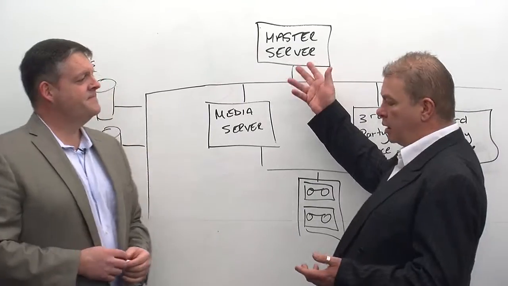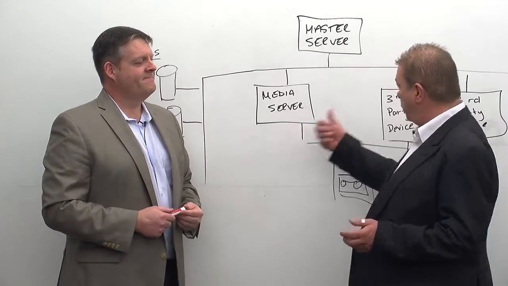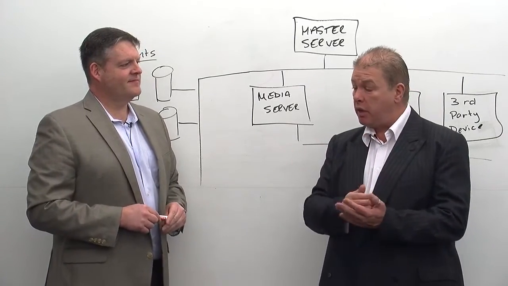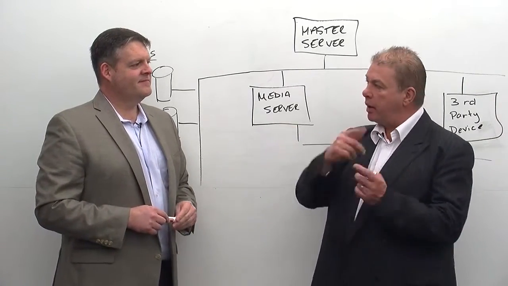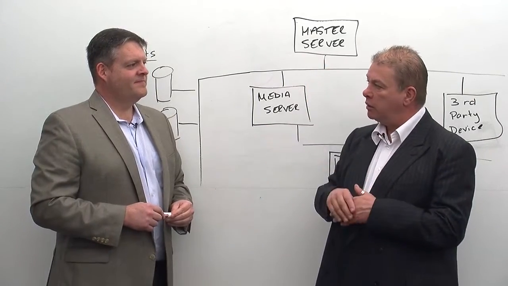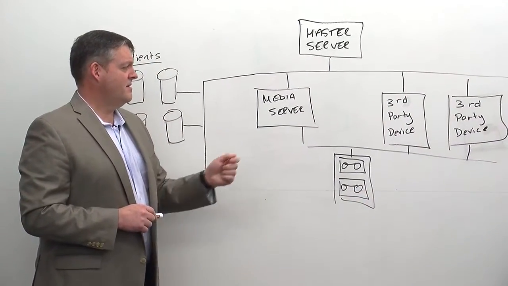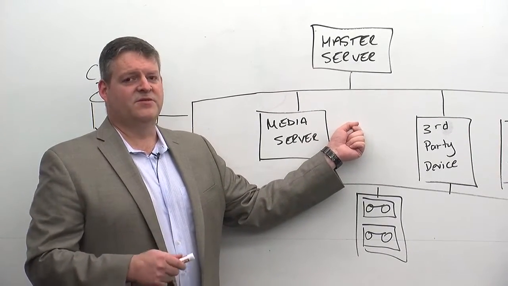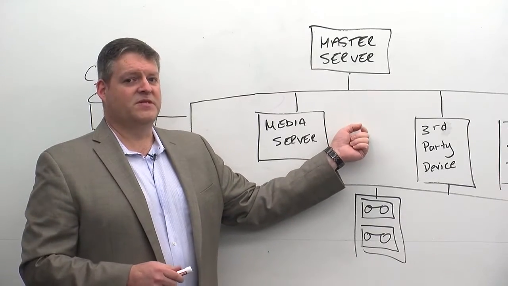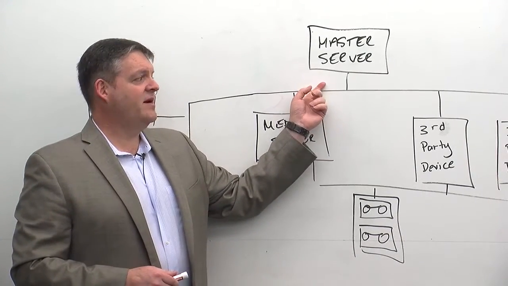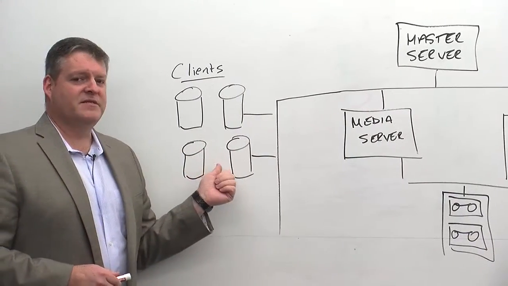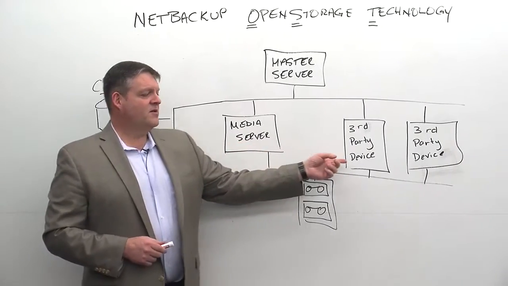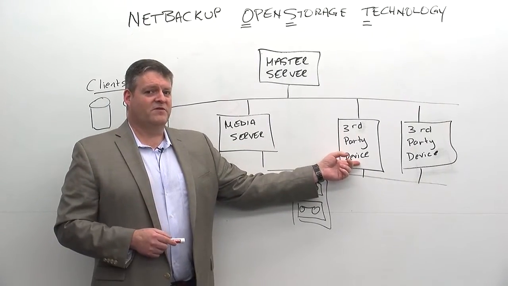So Derek, that means that the catalog can actually track what's going on with these third parties. If you replicate something to another machine, you can actually see through that process, and that's all cataloged. Absolutely. And to better manage these sorts of functions, we have things called storage lifecycle policies. Within NetBackup, we can set up the backup policy to say you're going to pull data from this device, write it through the media server to another device, whether it's third party or one of our devices.